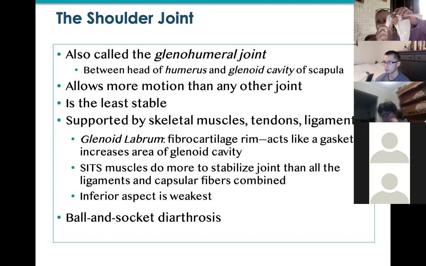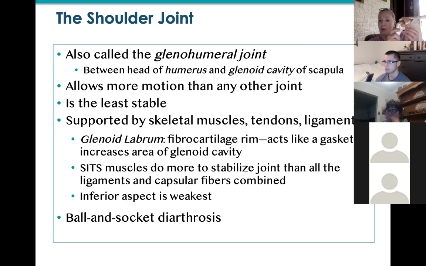But the big thing that really holds all of this in shape is there's a couple of features. One is you're going to have a little labrum, which is like a gasket, okay, of sort of cartilaginous material that fits around this glenoid cavity and kind of extends it and gives it more of a cup-like shape, that labrum, okay? And this is going to start forming our rotator cuff.